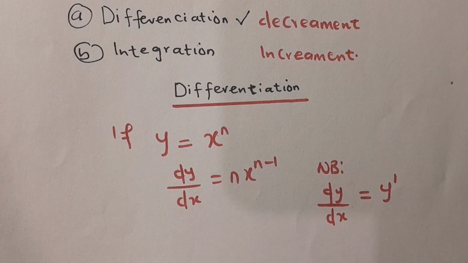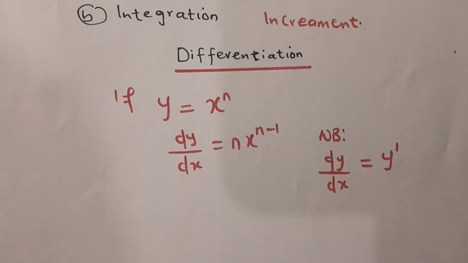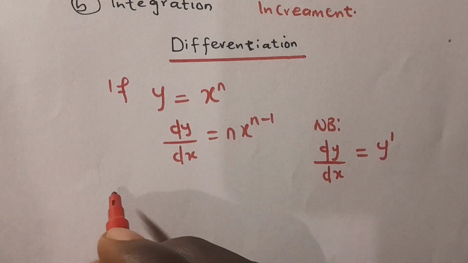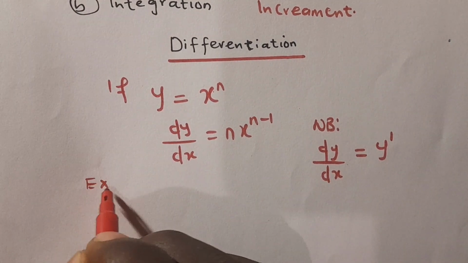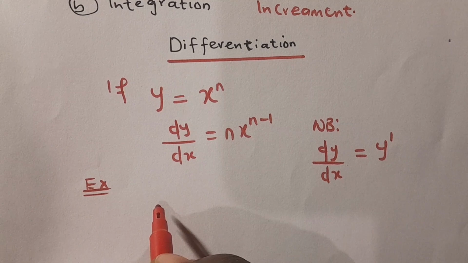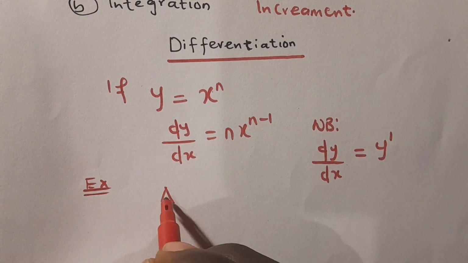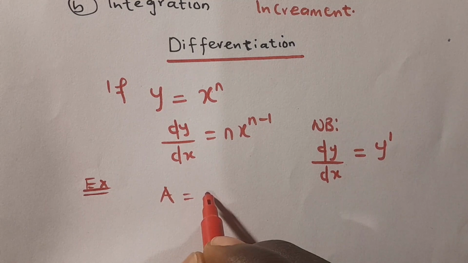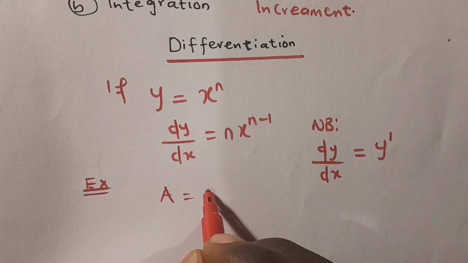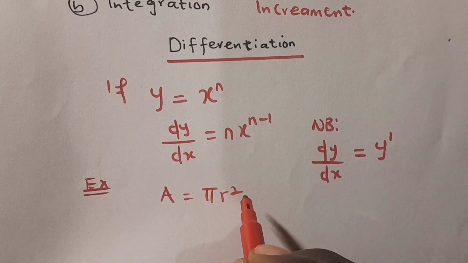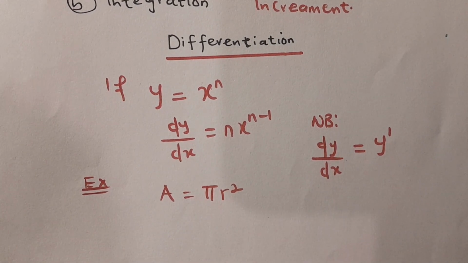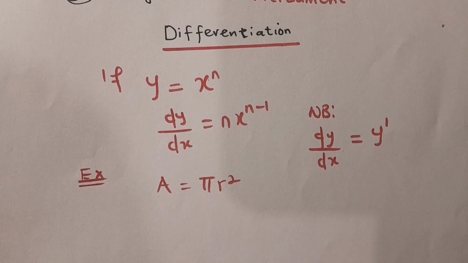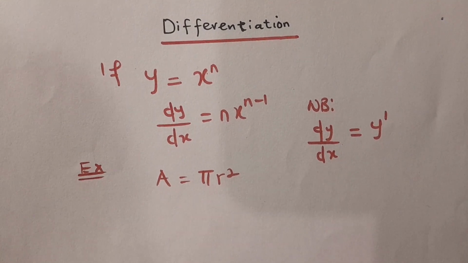So now, for instance, when you have area to be equals pi r squared, maybe you have the area of the circle to be given pi r squared.